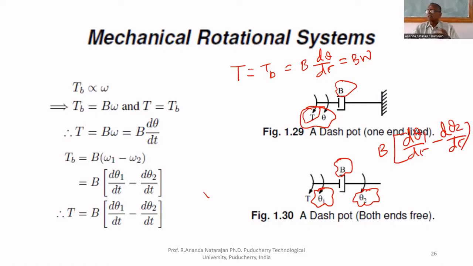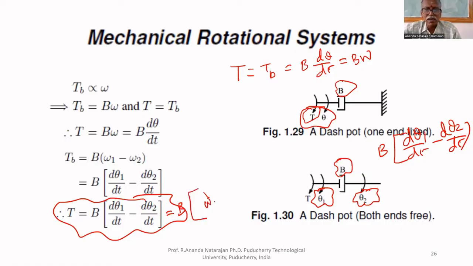Because theta 1 is the end in which torque is applied. The other end has to be taken as negative. The applied torque side must be taken as positive. Therefore, theta 1 minus theta 2. If both ends are free, the mathematical model is torque equal to B d theta 1 by dt minus d theta 2 by dt, or B multiplied by omega 1 minus omega 2. That's all.